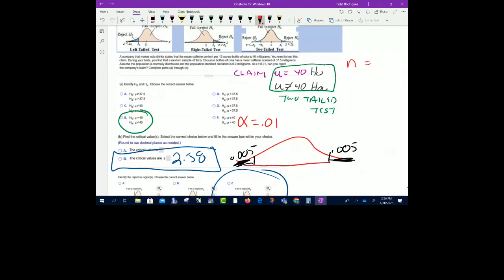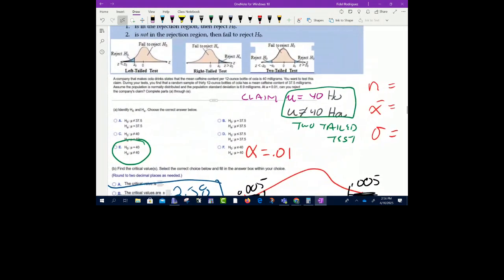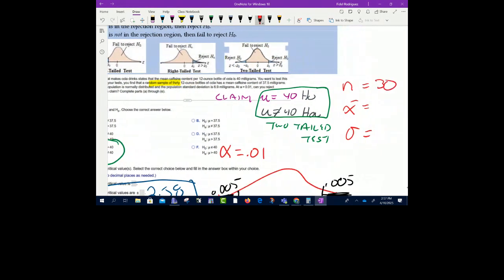We need our n, we need our x bar, and we need our sigma. Okay, I'm going to try to put all of this on the same page just so I can read it. All right. We want to test this claim. We take a random sample of how many? 30. That's my n.